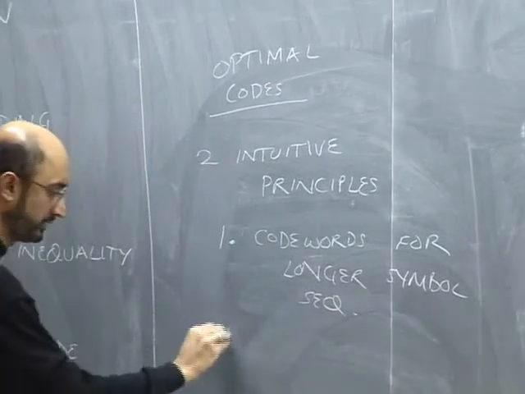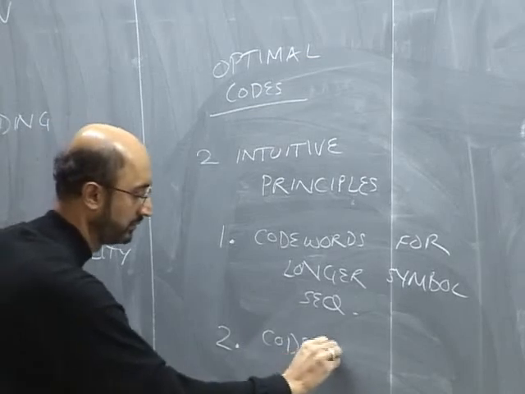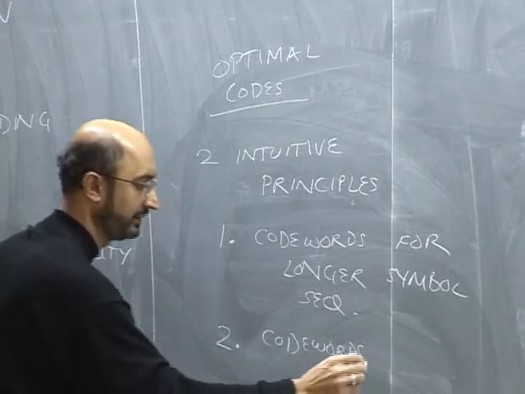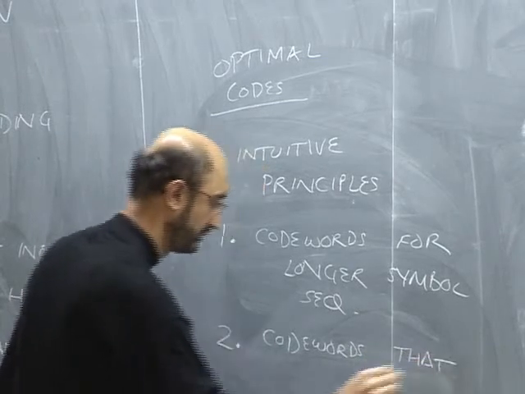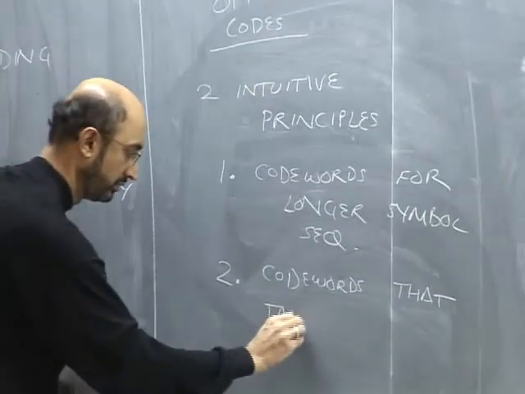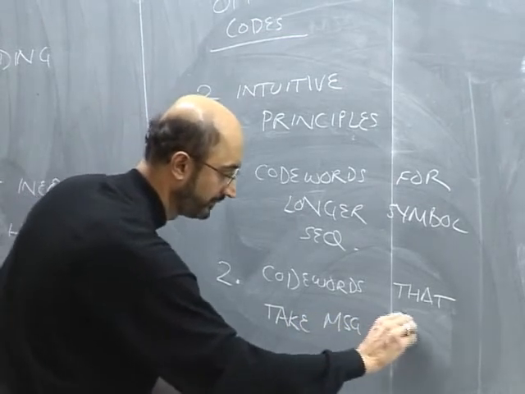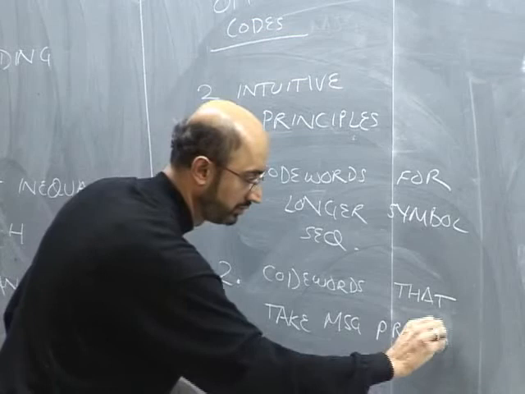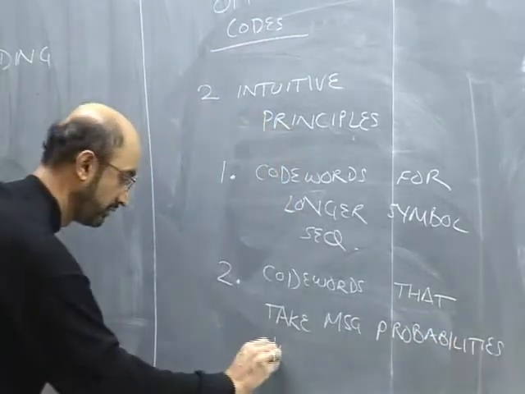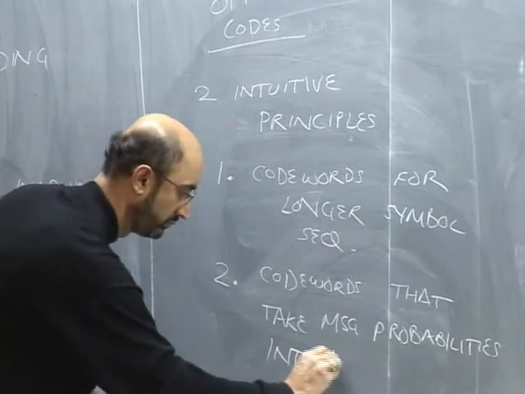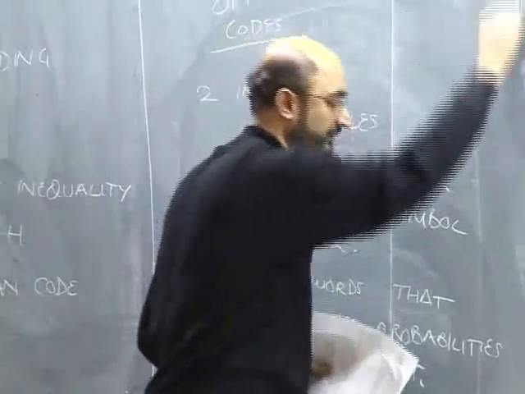And the second one has to do with code words essentially taking message probabilities into account. Okay, so let's start with the first one.